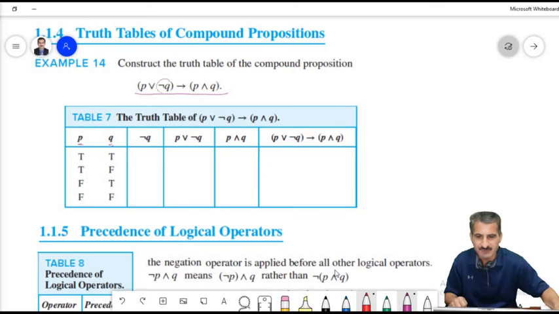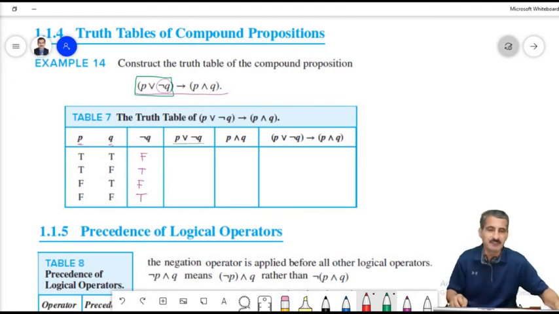So first thing, we need to know the truth values of not Q. So Q in here, so not Q is as following. Just we negate the truth values of Q. Now next we need to know the truth value of this part in green in here. Now we will make this conjunction between P and not Q. So we will have an AND with P in here and not Q in here. And then we have or.